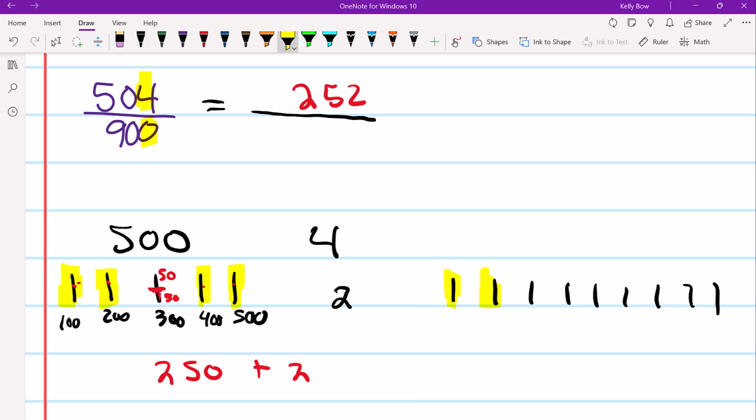So 1, 2, 3, 4. Count here 1, 2, 3, 4. So we know that this part is 400, this part is 400, and in the middle right there, that's the halfway point. So half of 900 is 450.